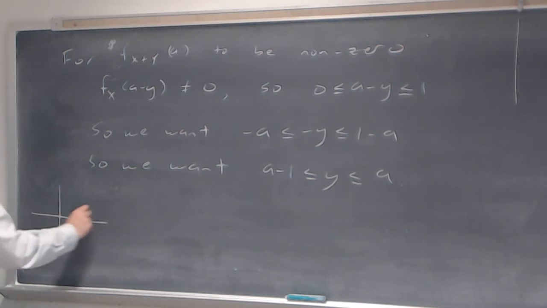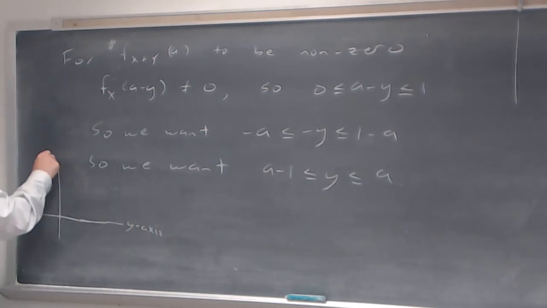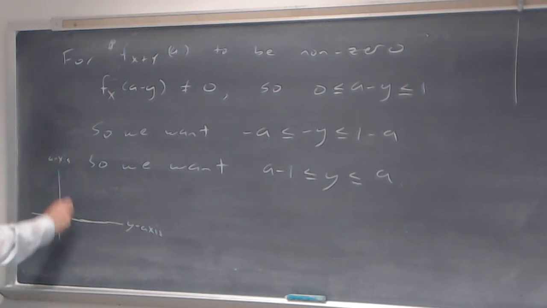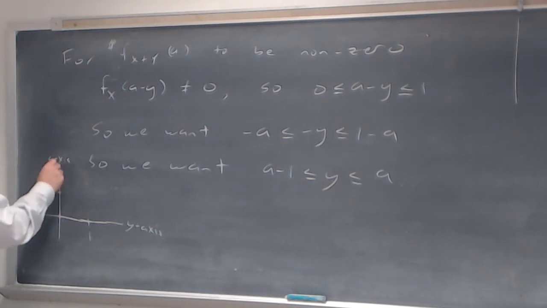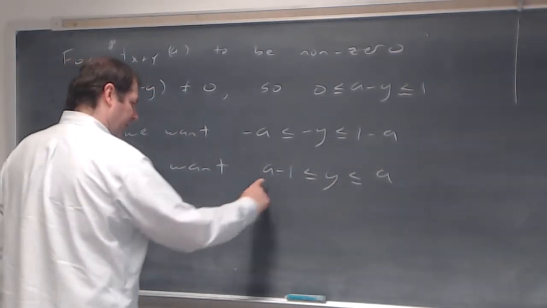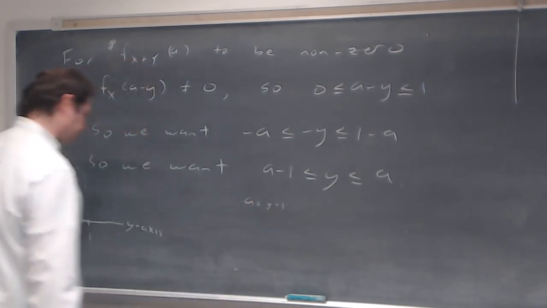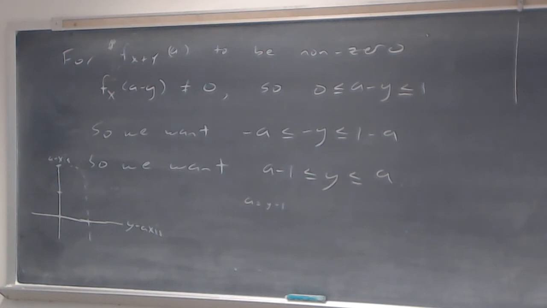Now, when we look at this region where f of X plus Y is going to be non-zero, what we're integrating here is to be non-zero. If we think of this as the y-axis, and this is the a-axis, the y values run from 0 to 1, and the a values run from 0 to 2. Now, solving for a, this bottom one says a is equal to y plus 1.